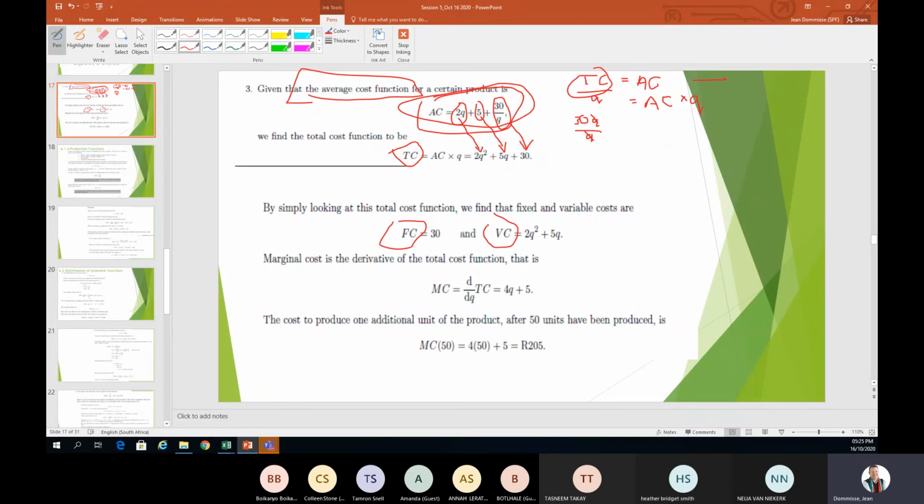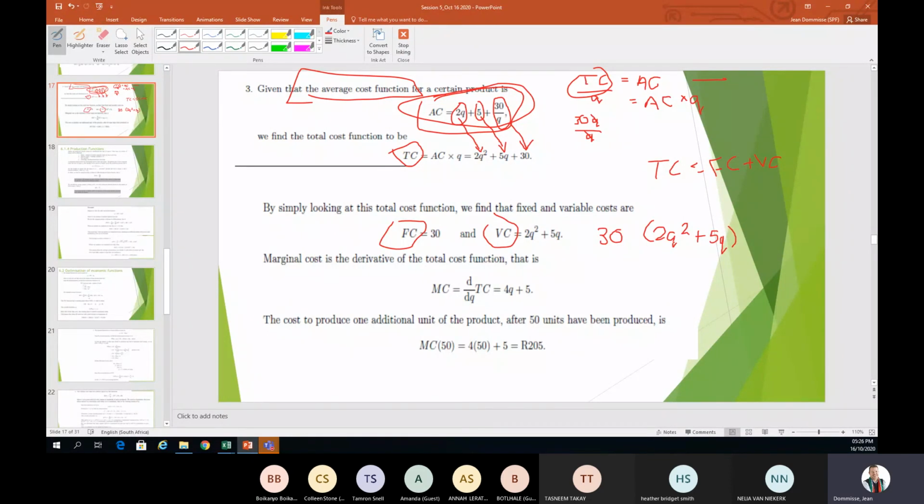So now we need to remember, yes, total cost is equal to fixed cost plus variable cost. Okay, so let's do that first. So it is 30 plus 2Q2 plus 5Q.